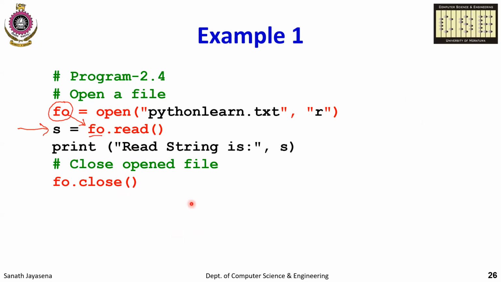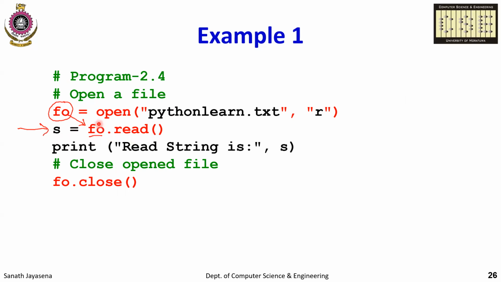So F4.read. Here, in one very simple statement, we have called the read method of the file object F4 to read the file content. We have written it like S equals F4.read, right?